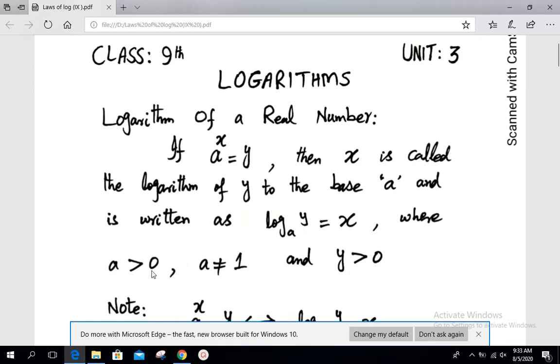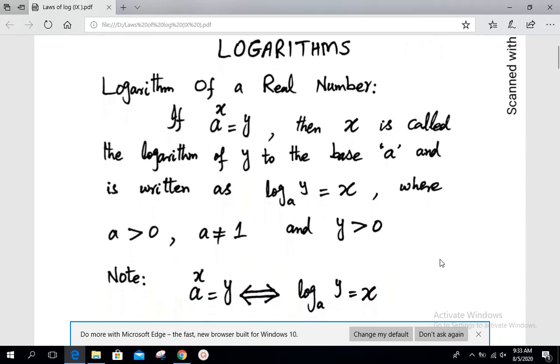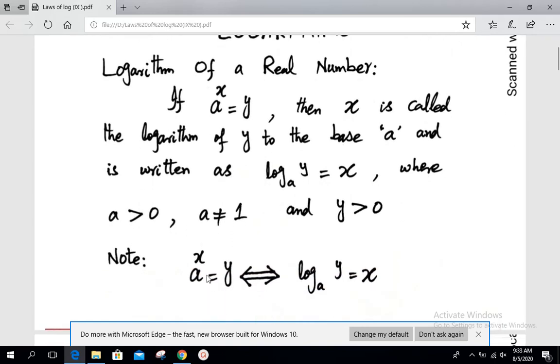A is also positive and is not equal to 1, its value will be any value other than 1. We note here that a power x is equal to y if and only if log of y with base a is equal to x.